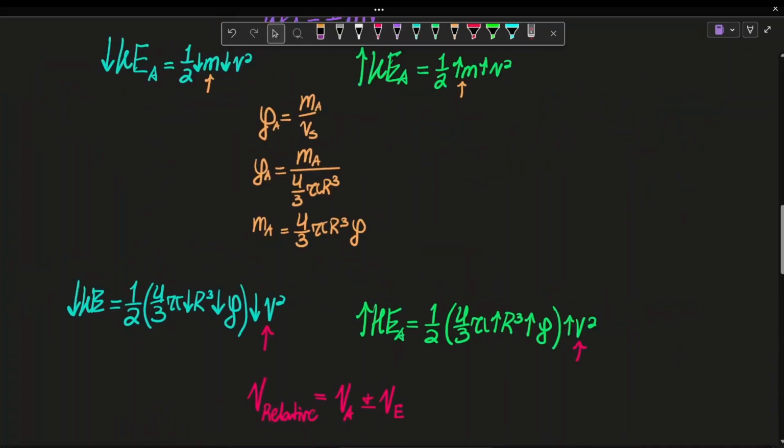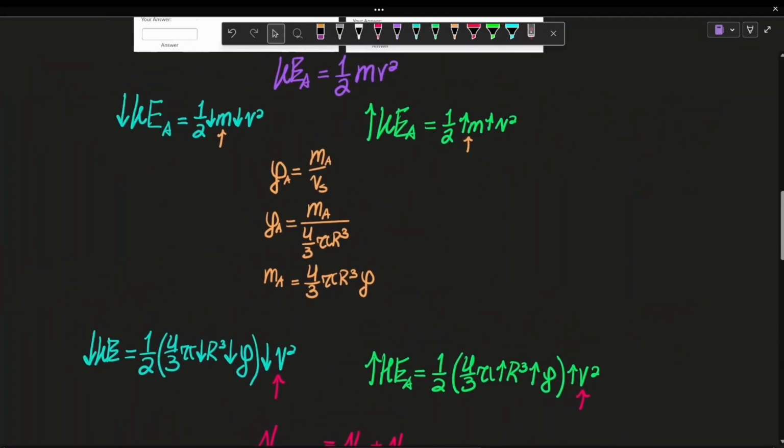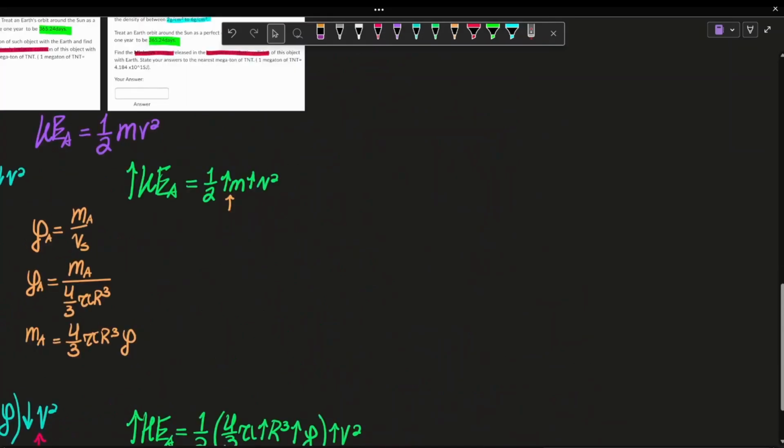So what does that mean? Well, let's create an image. We have the sun, the asteroid, and then the Earth.